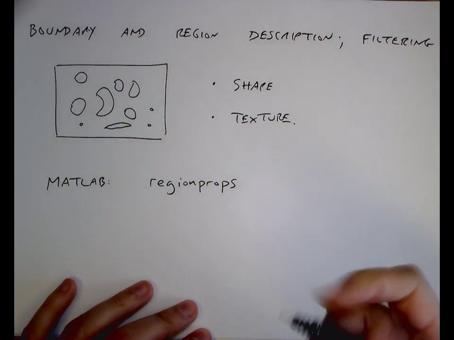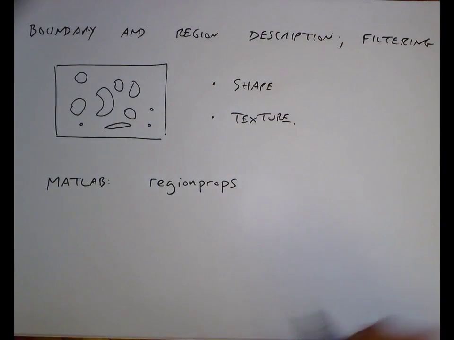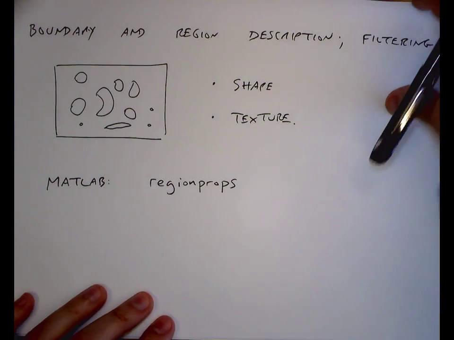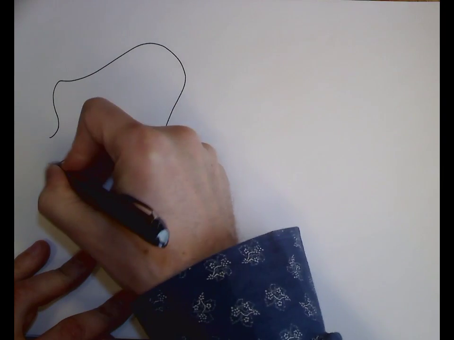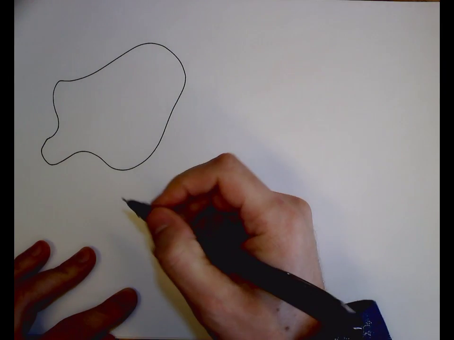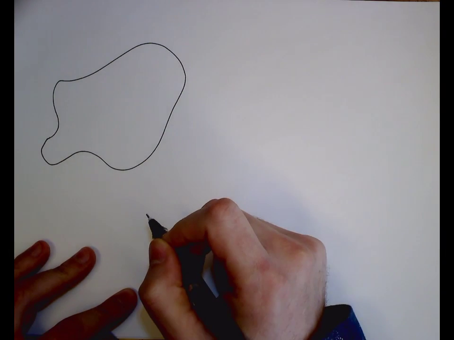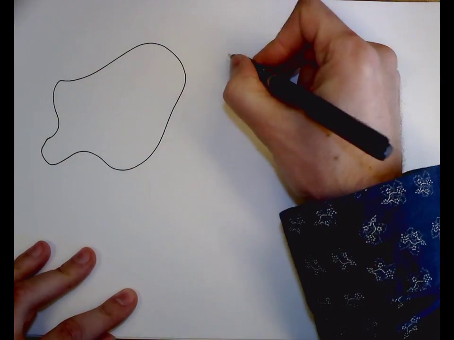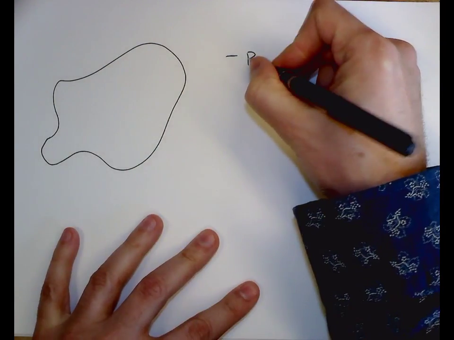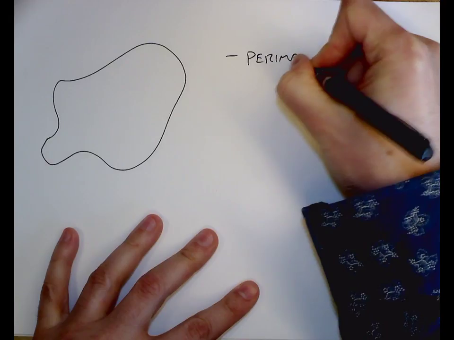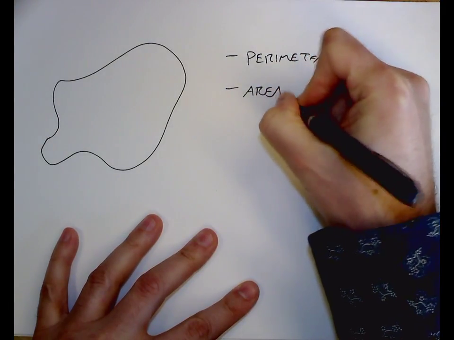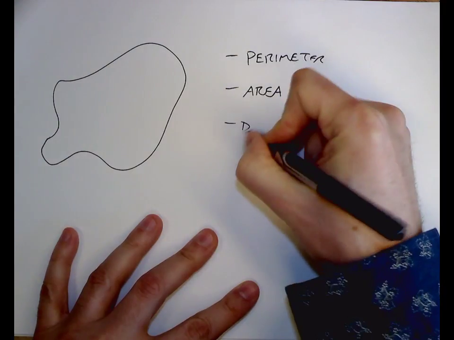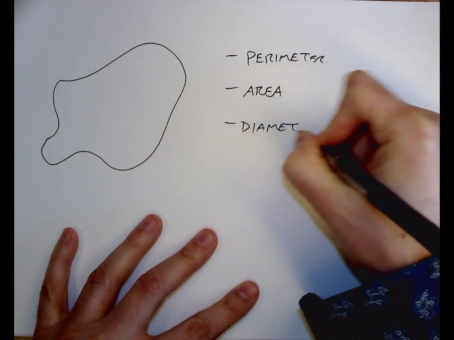So first of all, let's talk about general properties of a shape, right? So for example, maybe this is some binary blob that comes back out of thresholding. What kinds of properties can we talk about with this blob? So there's stuff that you learned about in elementary school, right? There's the perimeter of the blob. There's the area of the blob. There's what I would call the diameter of the blob.